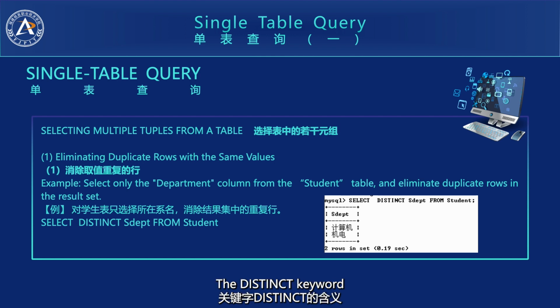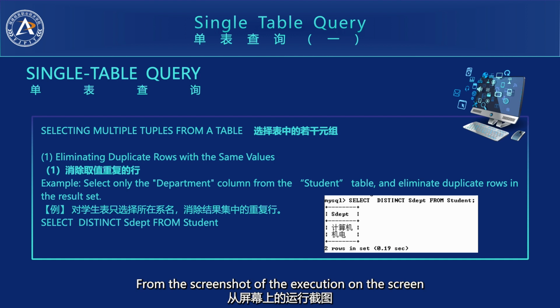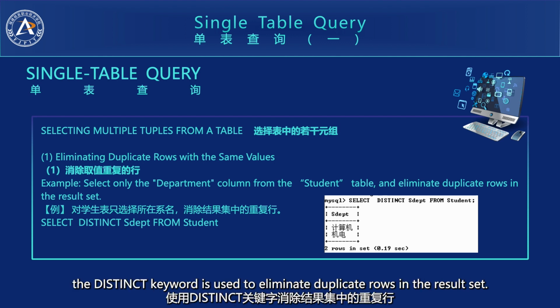The distinct keyword ensures the uniqueness of rows by selecting only one instance of each duplicate row in the result set. From the screenshot of the execution on the screen, we can see that when selecting only the department column from the student table, the distinct keyword is used to eliminate duplicate rows in the result set.